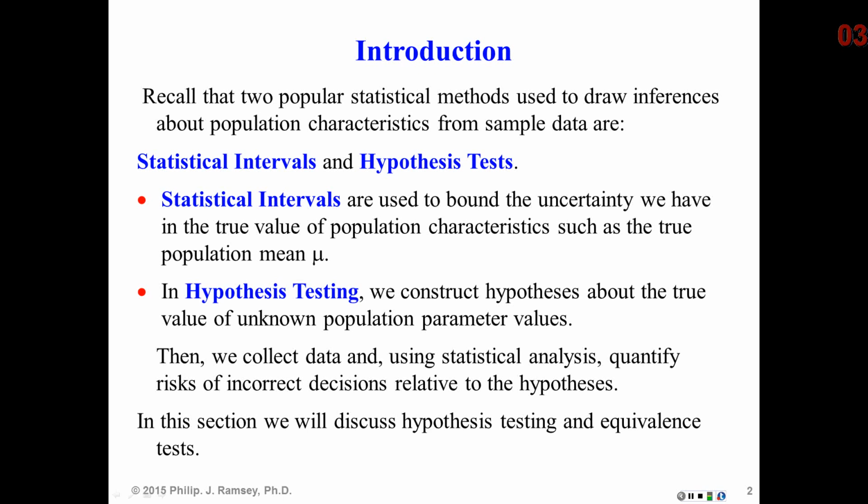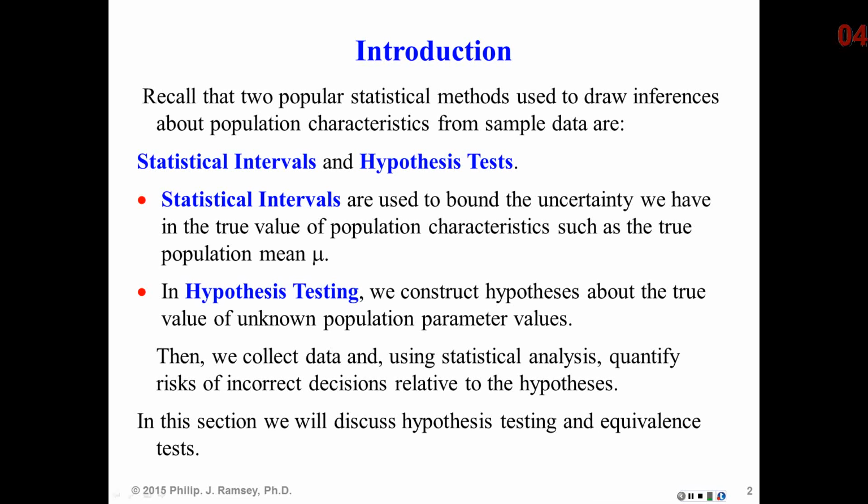Then we collect some data, and then we test the hypotheses. Basically, we compare the hypothesized value to the sample data, and we see if they're in agreement. If they're not, we reject the hypotheses.